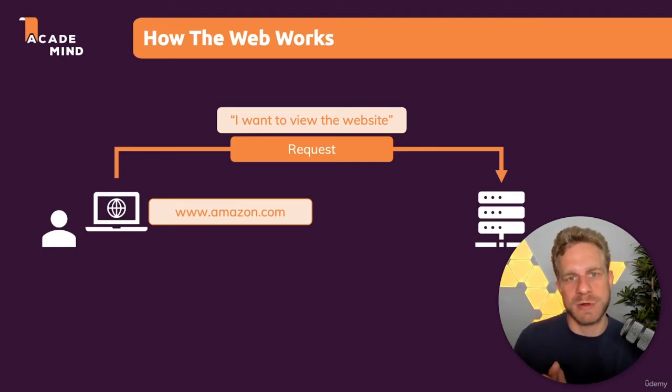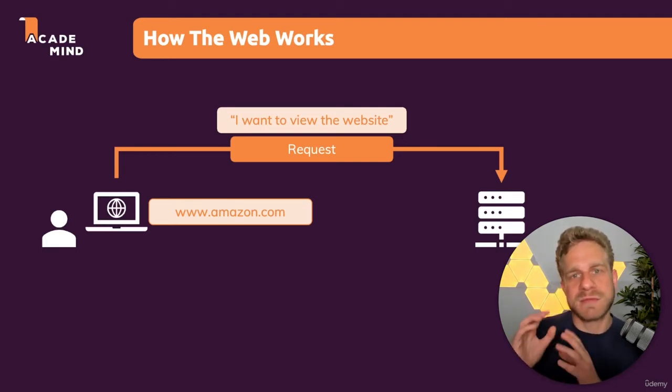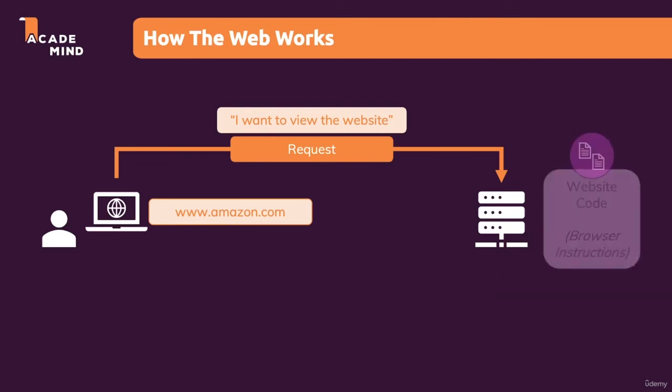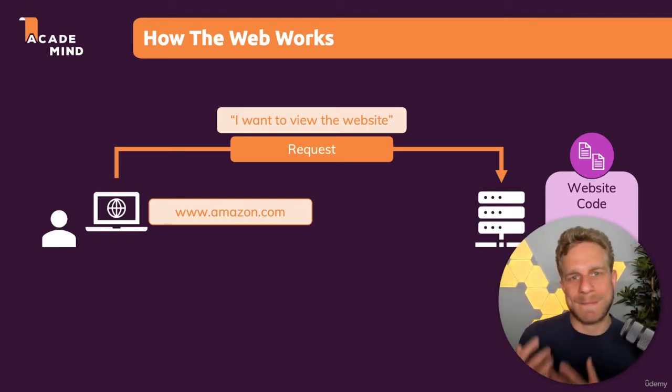Now, on this remote machine, we then in the end have the website code that's required for showing something on the screen. And this code, of course, is written by web developers. In this example here, web developers working for Amazon. Now, this website code can be of different complexity, and there can be more complex steps involved for producing this code, but we're going to learn that throughout the course step by step.